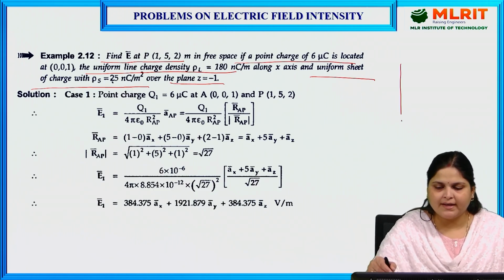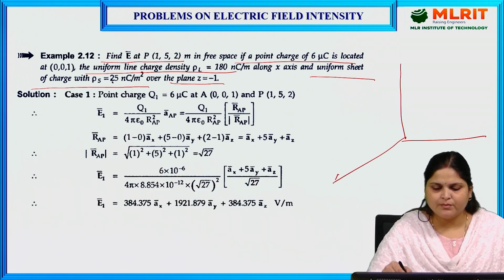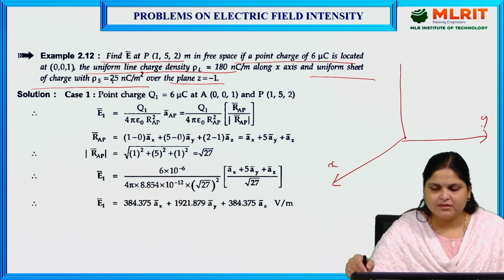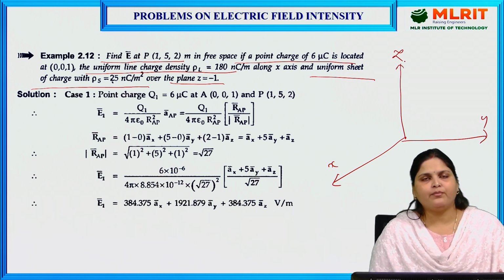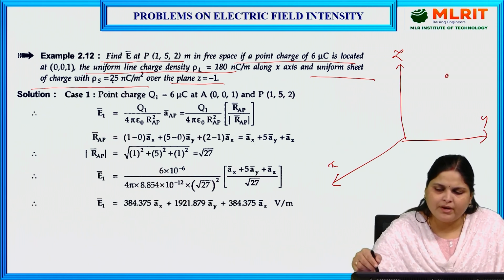Let's draw the diagram first. Let us suppose this is X, this is Y, this is Z. We have to find E at point (1, 5, 2). Let us suppose that point is somewhere here.